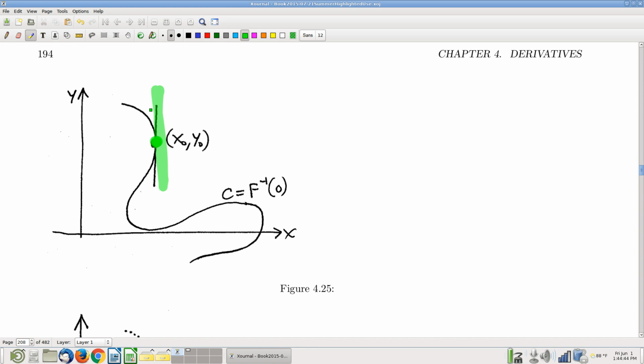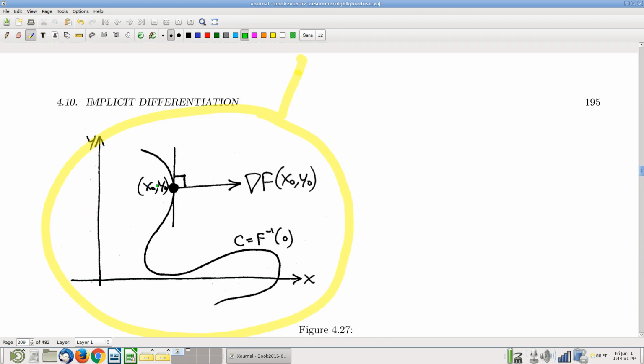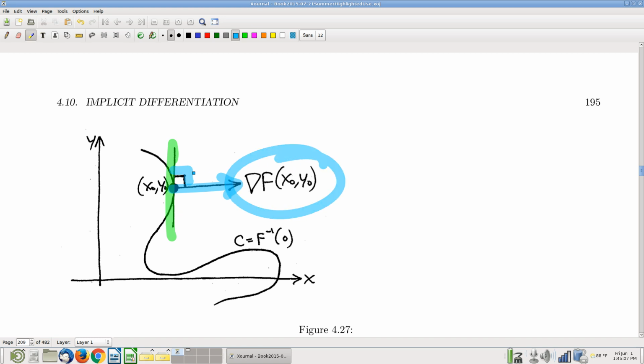And keep in mind, if you have a vertical tangent line, that means that the gradient, which is always perpendicular to that, must be horizontal. The gradient is always perpendicular to the level set.